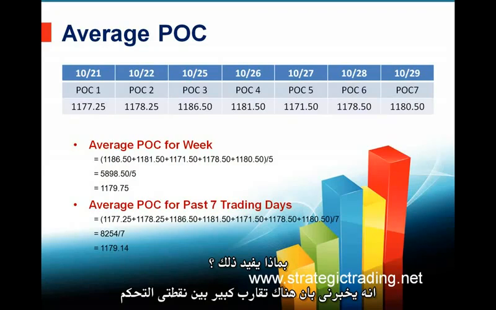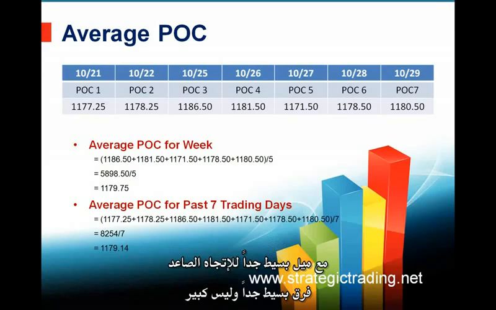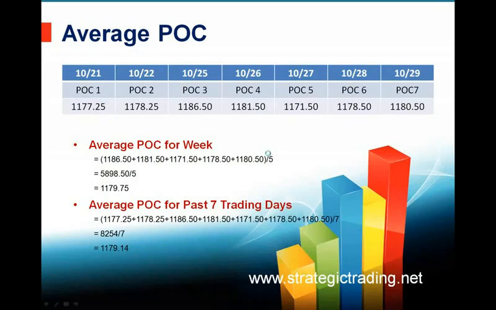So what does that really tell me? Well, it tells me that we're still pretty much, in terms of the point of control, pretty close for the week and for the 7 days, with a slight favor, if you will, to the upside. We moved a little bit, not much, but a little bit. All right. Now we get to the interesting point.